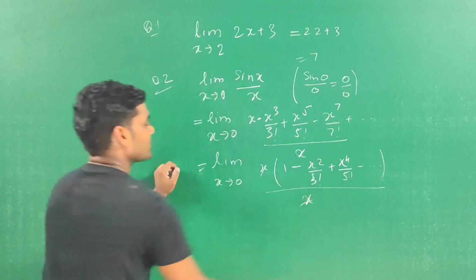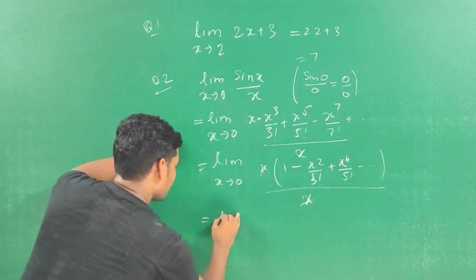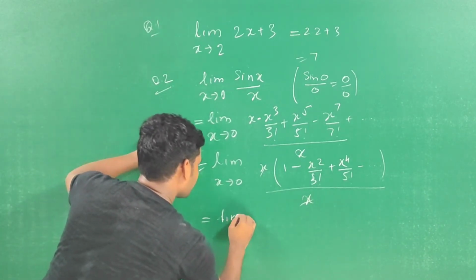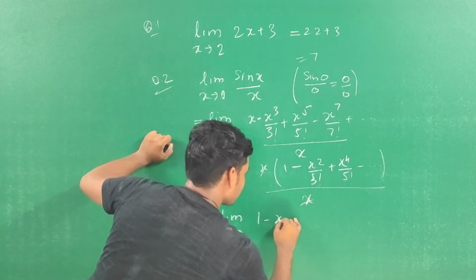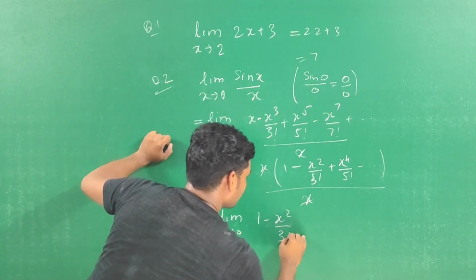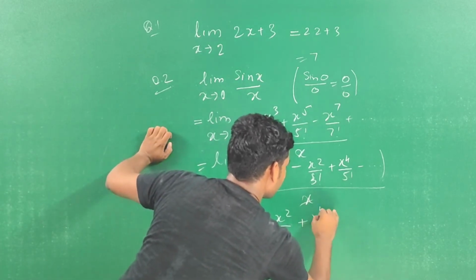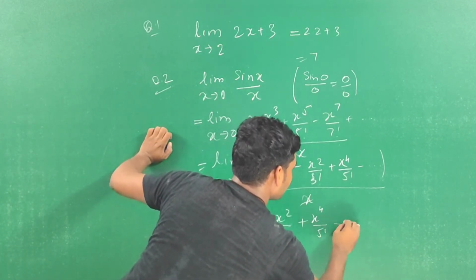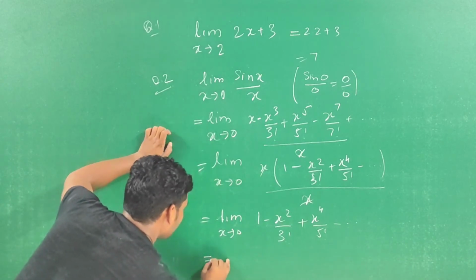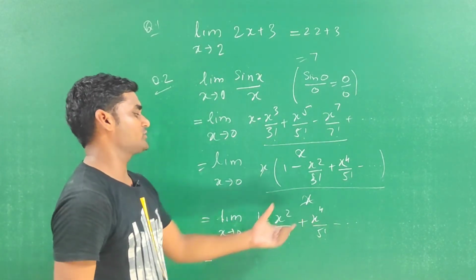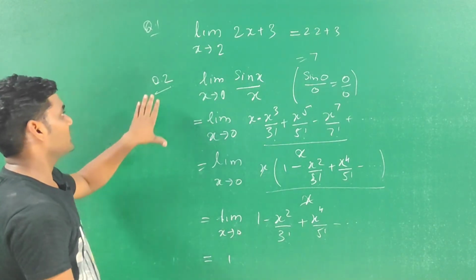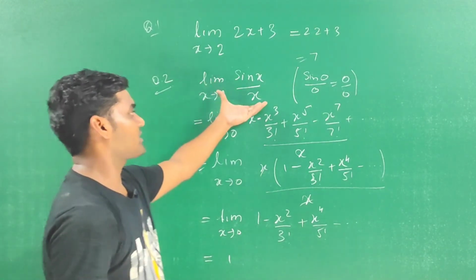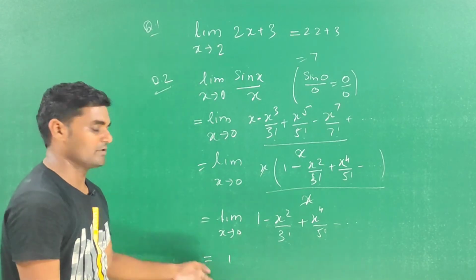Then this will cancel out, and now the expression becomes 1 minus x square by factorial 3 plus x to the power 4 by factorial 5 and so on. Now if we put x equals 0 in this expression, we easily get 1. So in this case the limit of this function is equal to 1.